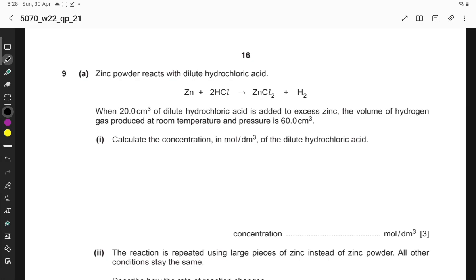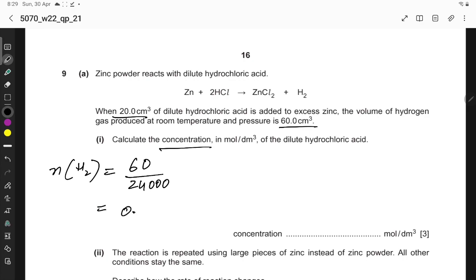We only have the volume of acid and volume of hydrogen gas. So first calculate the moles of hydrogen: 60 cm cubed divided by 24,000, which is equal to 0.0025.